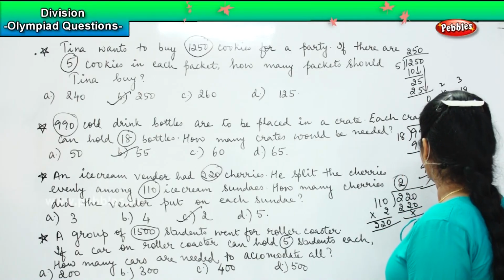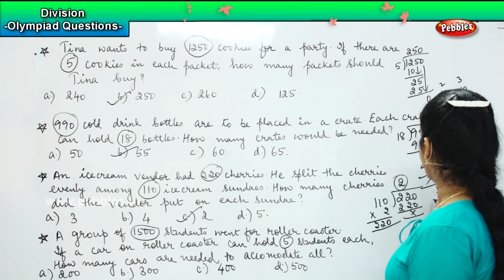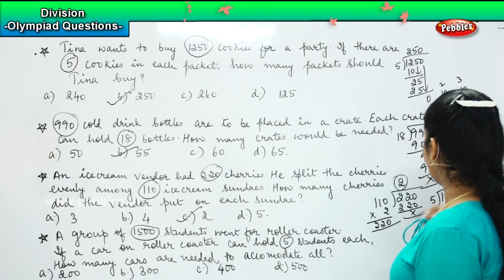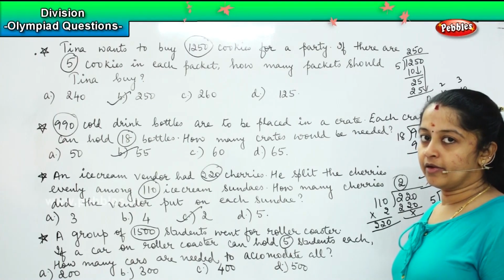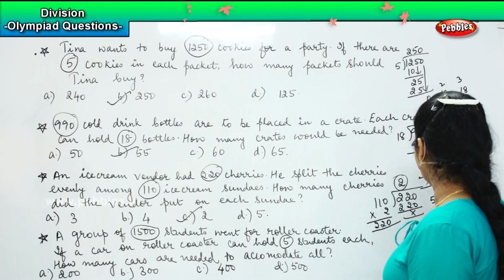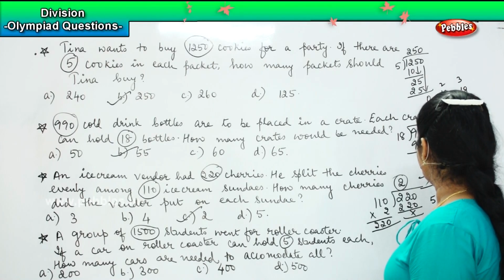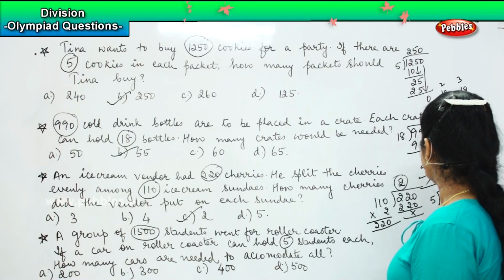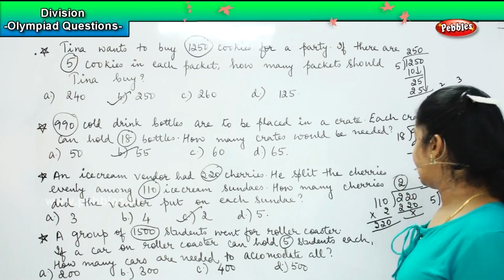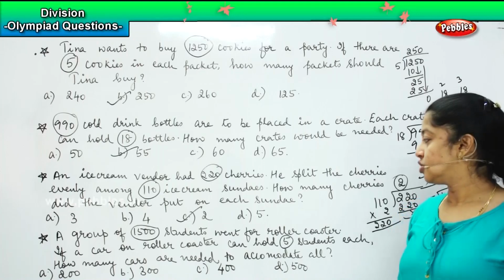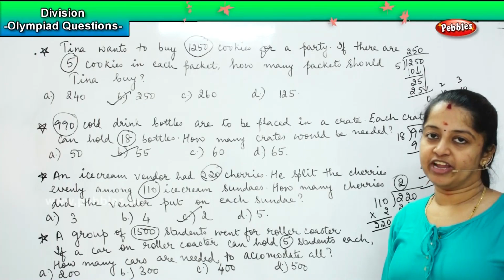So 1500 divided by 5. 5 ones are 5, 5 twos are 10, 5 threes are 15 and 0 and this 0 again. So which means it needs 300 cars to accommodate the children.